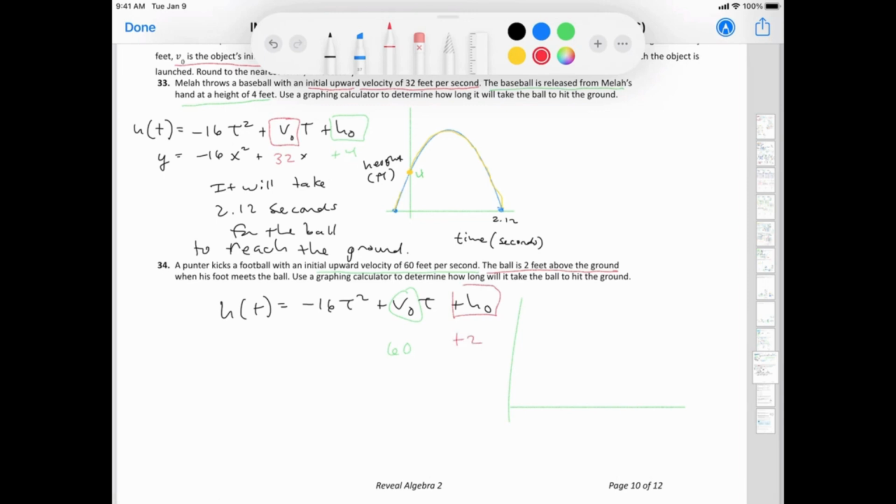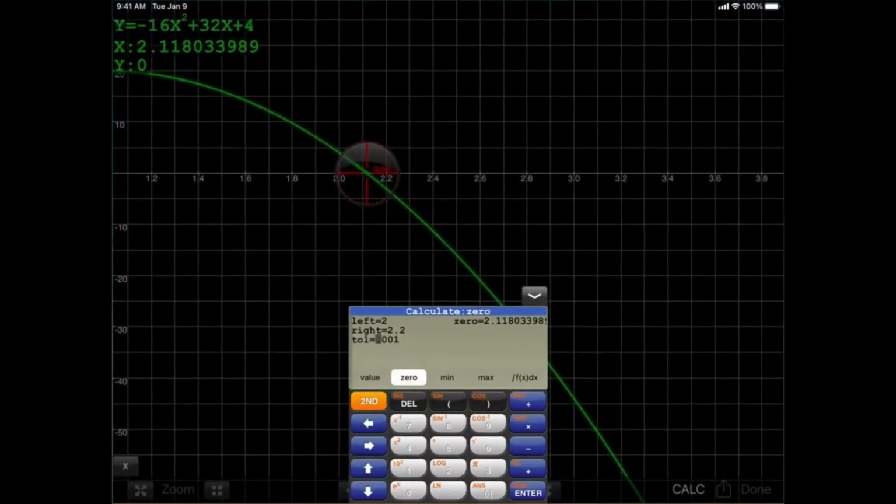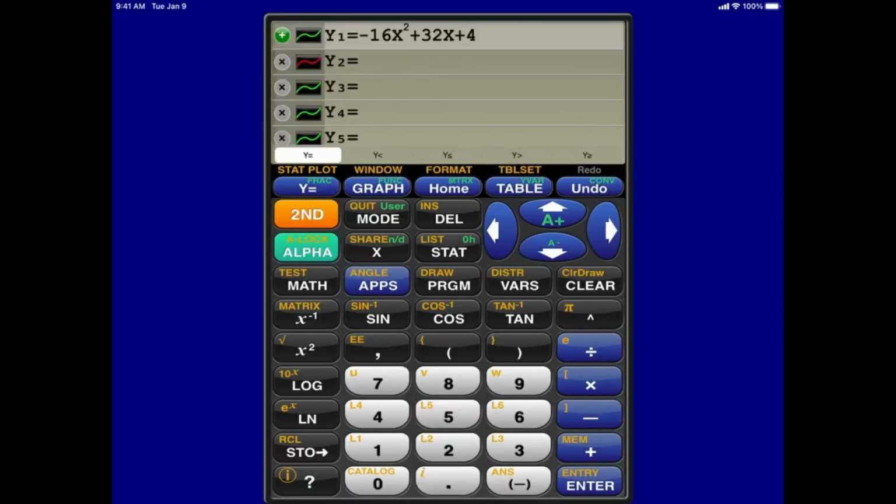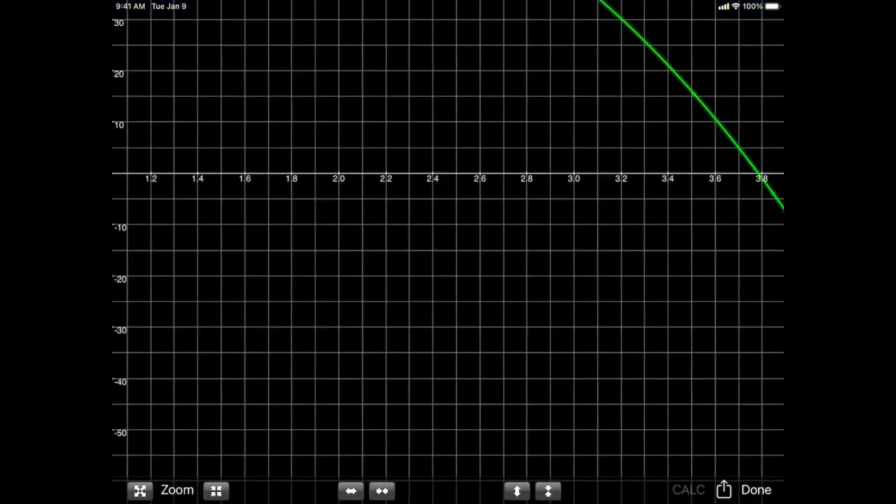They basically want to know what t is. So let's go ahead and fill this in. And remember, we'll just change it to calculator-friendly y's: negative 16x squared plus 60x plus 2. Let's put it in. Let's go to graph.